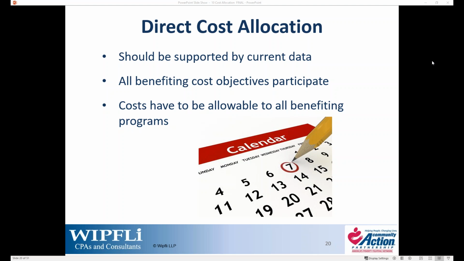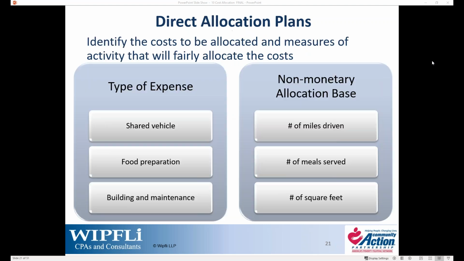Any cost objective that benefits has to have an allocation, and costs have to be allowable. So you want to make sure that any cost that you are charging is an allowable cost to that program or cost objective. Now, these are some examples of allocating an expense to various programs using a non-monetary base. We have a vehicle that many programs share.